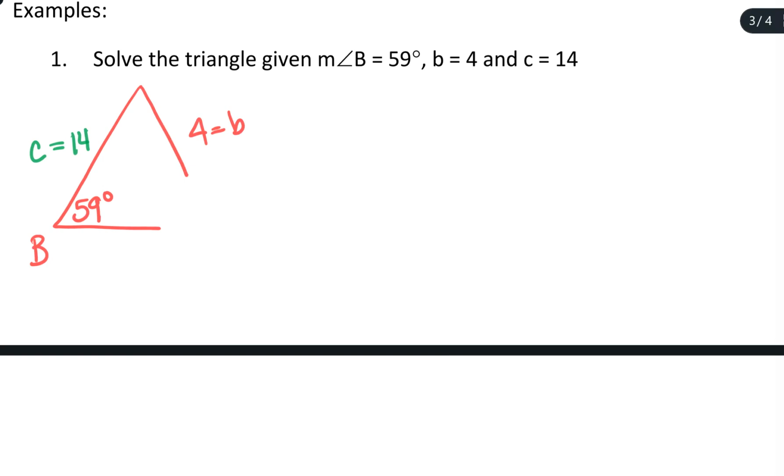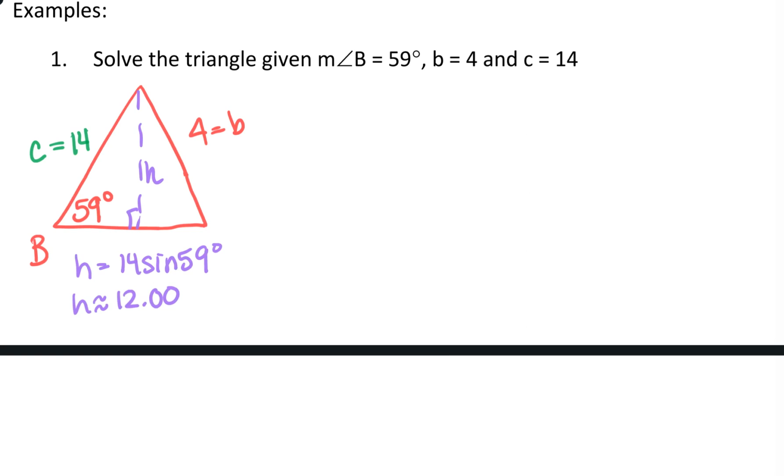Maybe that 4 is long enough and it's going to hit, maybe it's not long enough, I don't know yet. What do I need to calculate in order to determine if it's long enough? You should be thinking about calculating the height, so we're going to calculate the height. Using our SOHCAHTOA, the height is equal to 14 times the sine of 59 degrees.